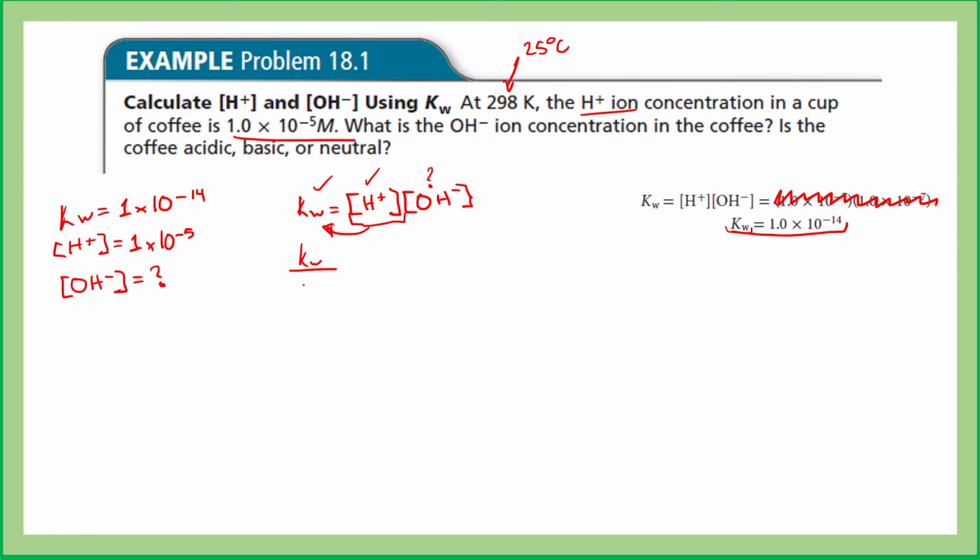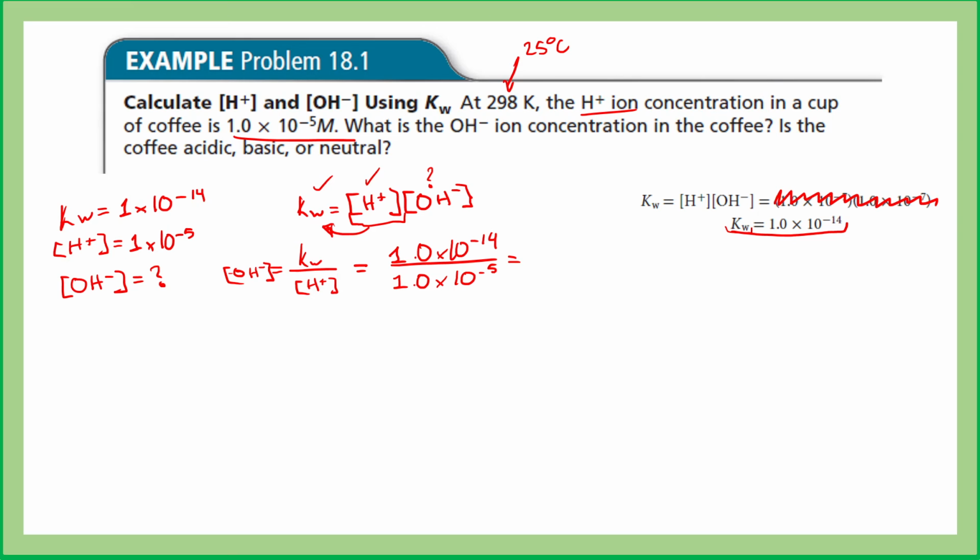Kw divided by the hydrogen ion concentration will be equal to the hydroxide ion concentration. And that will be equal to 1.0 times 10 to the minus 14 divided by 1.0 times 10 to the minus 5. I recommend you do this in your calculator because those numbers usually will be different than 1.